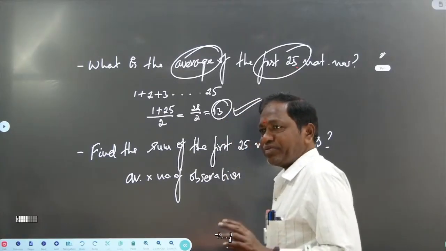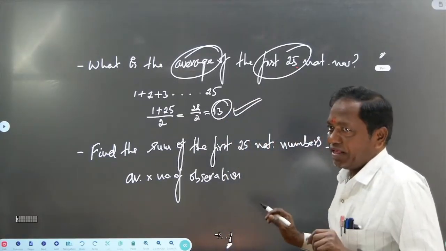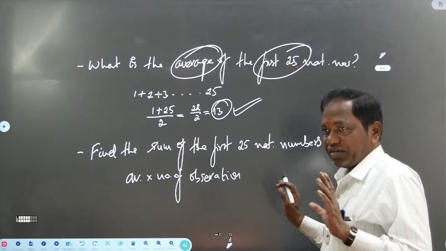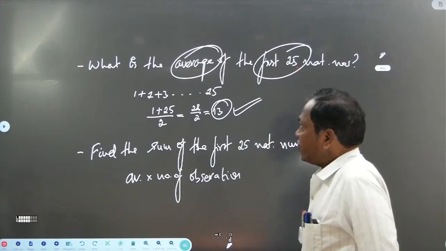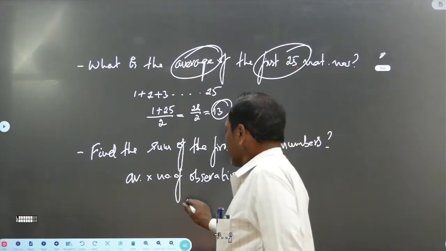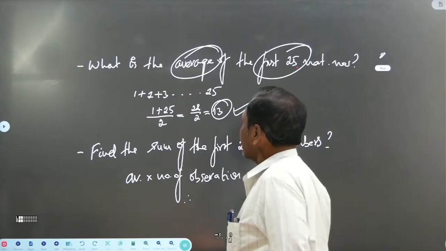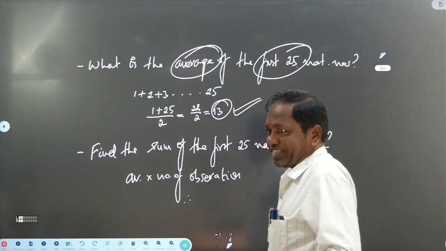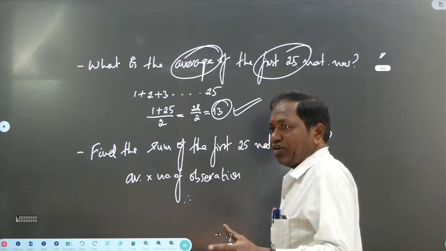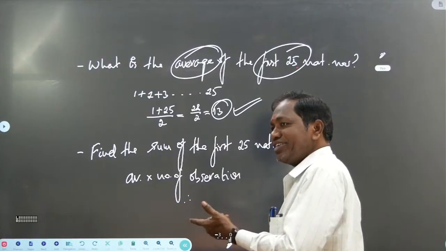I am just using the terminology. But what do you have to do here? When you start calculating, first you need to find the average. Once you know the average, the sum will be known.